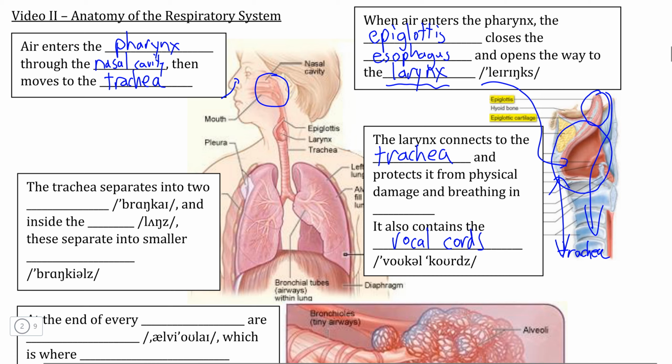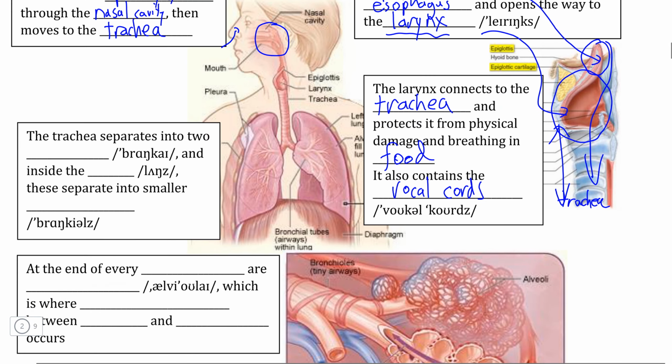But we can also see that the larynx is connected to the epiglottis here. In fact, the muscles also connect to your epiglottis, and therefore the larynx, in addition to protecting the outside of the trachea, are also meant to control the epiglottis and prevent you from inhaling food and preventing food from going down your trachea.